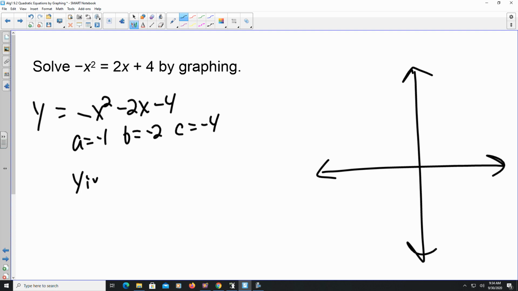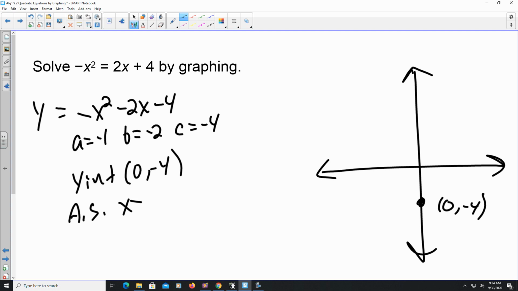My y-intercept is at 0 comma negative 4, so it's right there. Go with your label. Axis of symmetry, x equals negative b over 2a, so negative negative 2 over 2 times negative 1, that's going to be negative 1. So the axis of symmetry is x equals negative 1.